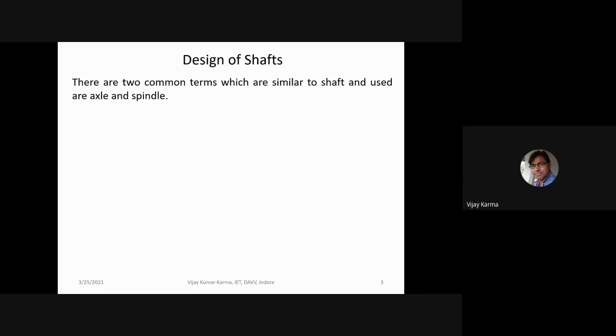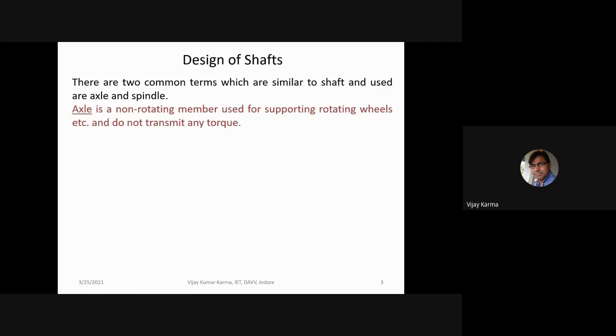Now there are two more terms which are used along with the shaft: the axle and the spindle. Axle is a non-rotating member that is used for supporting rotating wheels, etc., and does not transmit any torque. It supports the rotating element, and that is known as the axle.